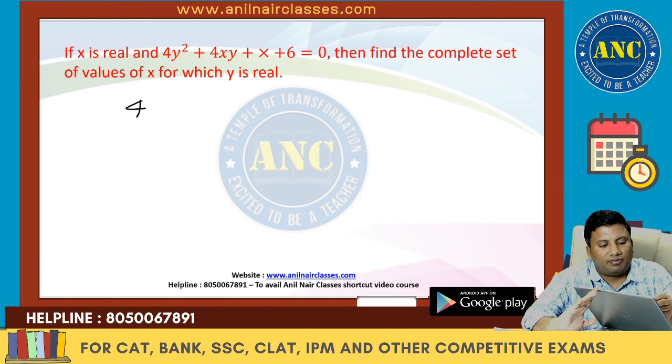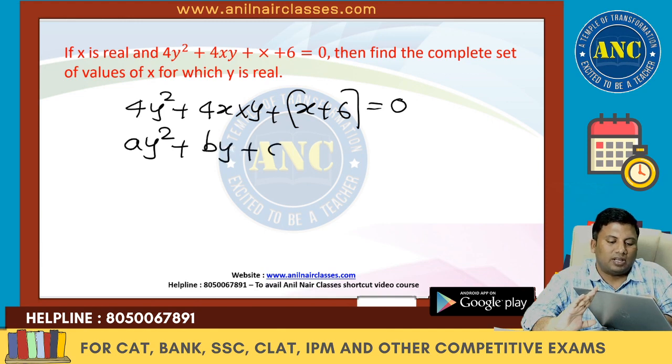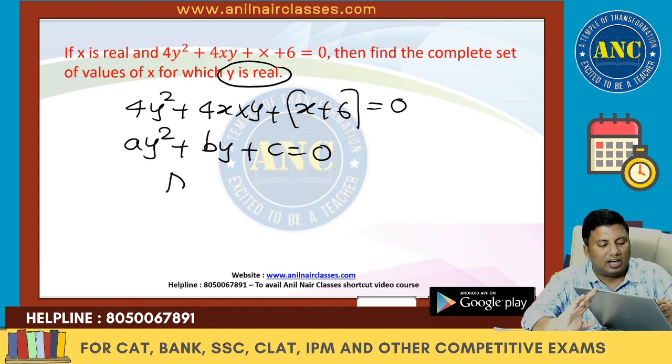If it is 4y square plus 4x into y plus x plus 6 equals 0, this is of the form ay square plus by plus c equals 0. y is real.